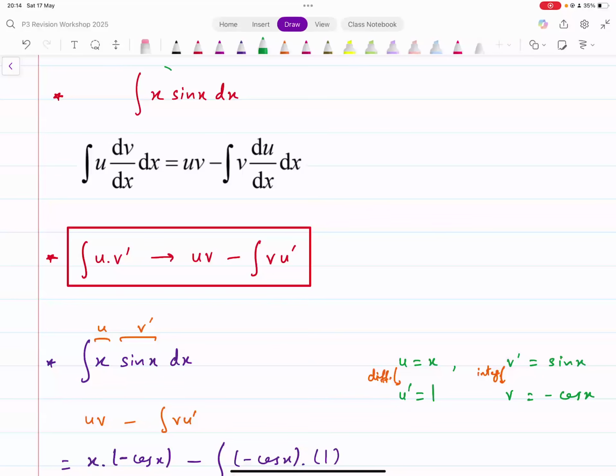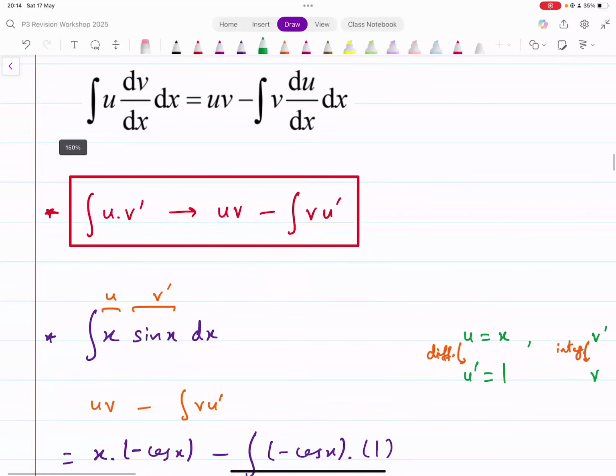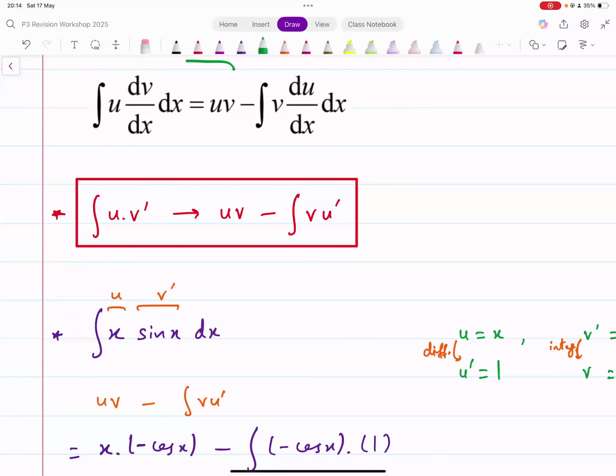If you want to integrate something like this, x into sine x, for instance, the formula that's given for integration by parts in the formula sheet looks like this: integration of u into dv over dx is uv minus integration of v into du over dx. We'll write that in a relatively simpler form. We'll say u into dv over dx, that's just v dash.